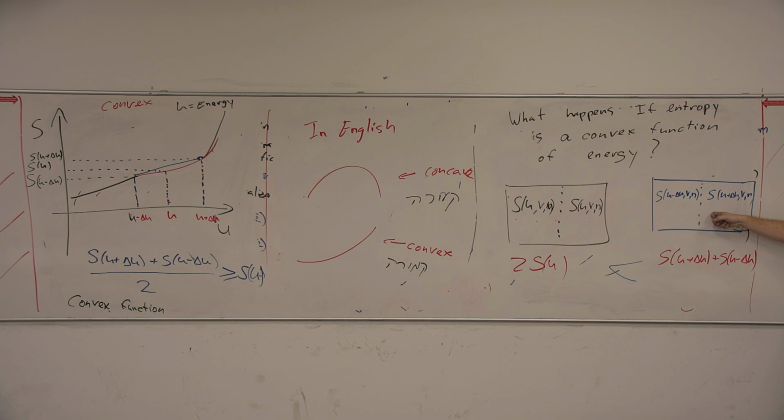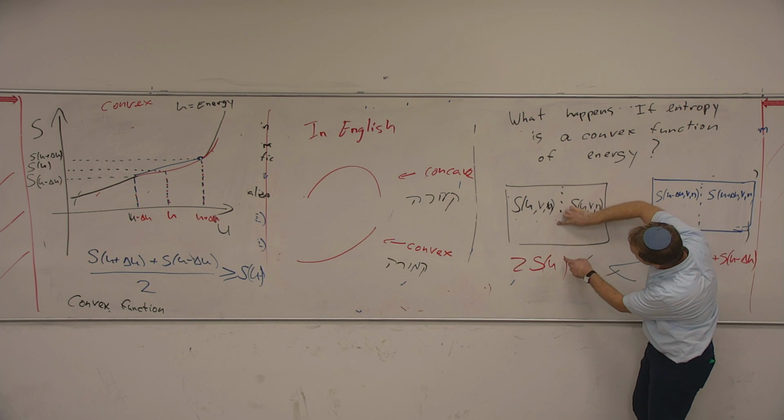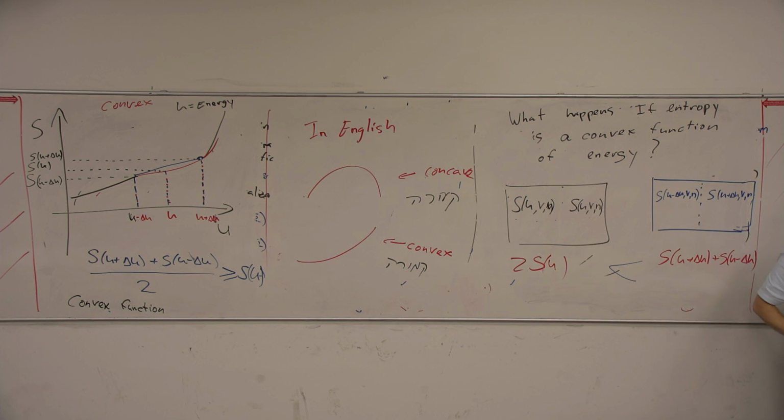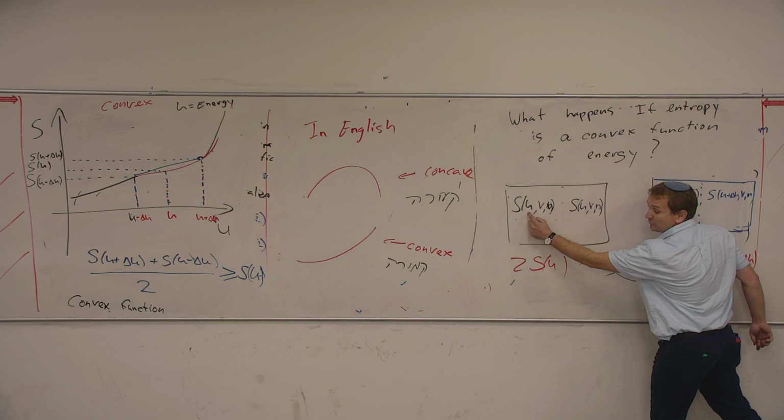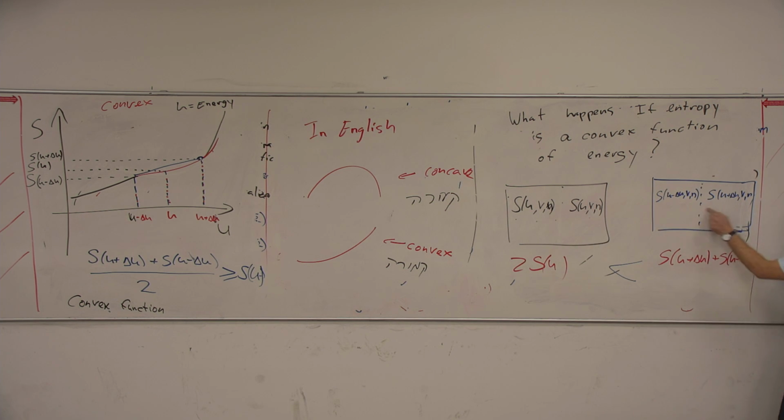The entropy wants to grow. I do not prevent it. It's exactly the same system. There is no separating wall. Something has to change inside the system such that the entropy will grow. And what is going to change? The energy from the left-hand side will flow to the right-hand side.